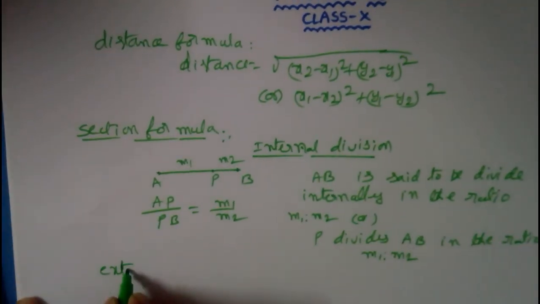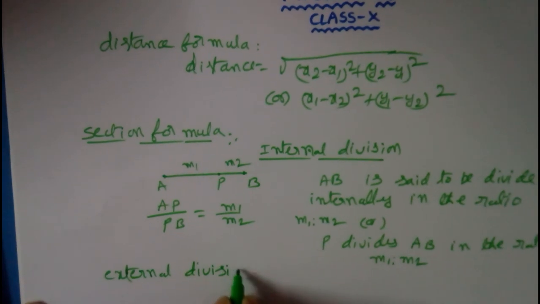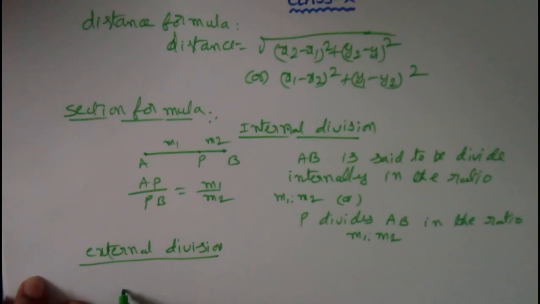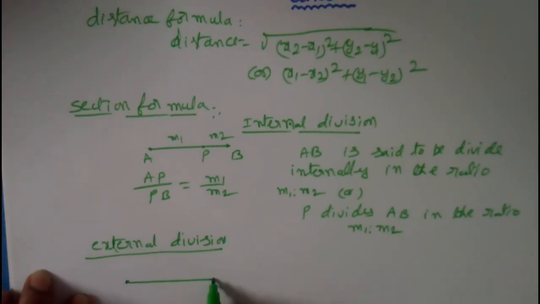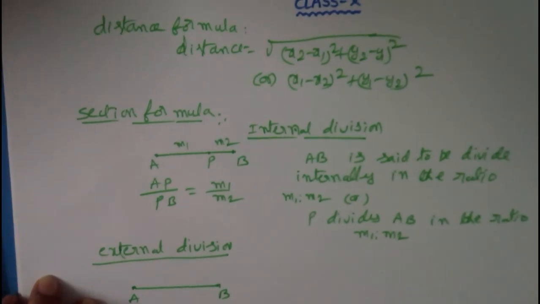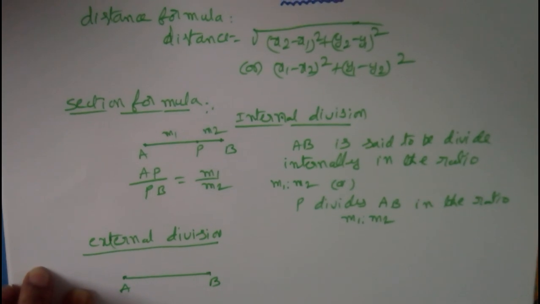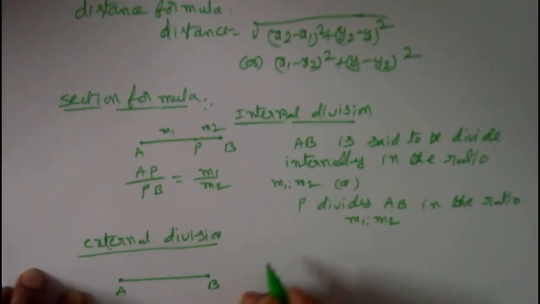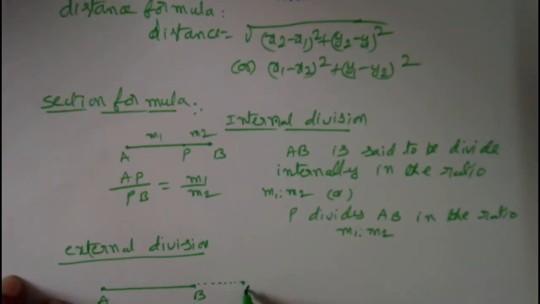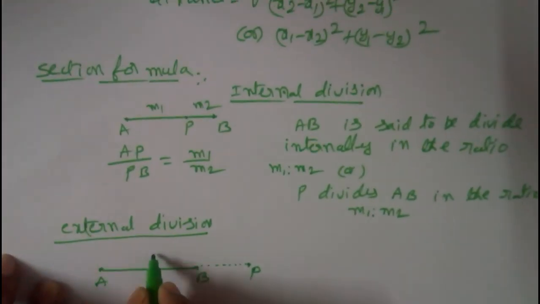Now consider the external division. Here AB is a line segment. The point P divides externally in the ratio m1 is to m2. So produce AB to P. The point divides AB in the ratio externally m1 is to m2.